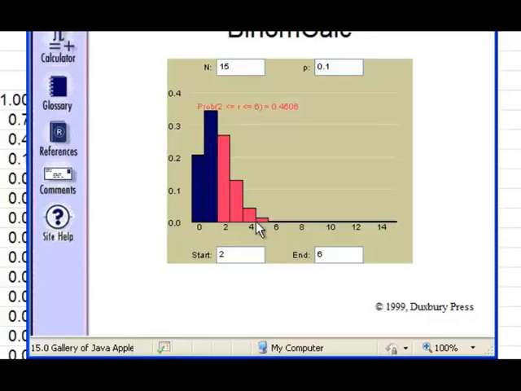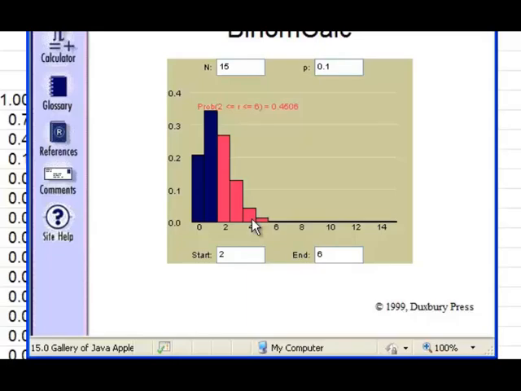This is going to be 6, 5, 4, all the way down to 0. But that's a little more than what I want. I want to stop at 2. So what do I need to subtract from the probability of being 6 or below in order to get the probability of being between 2 and 6 inclusive? Then I can answer this question.